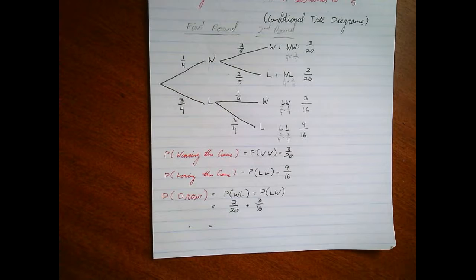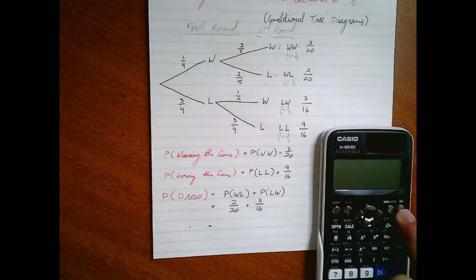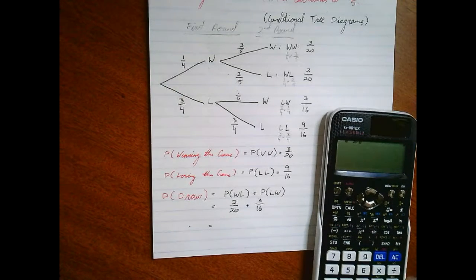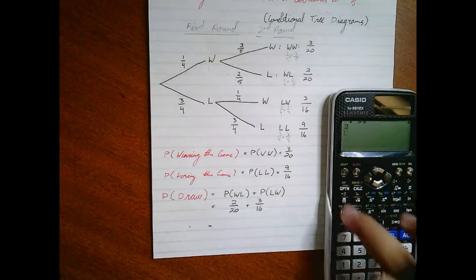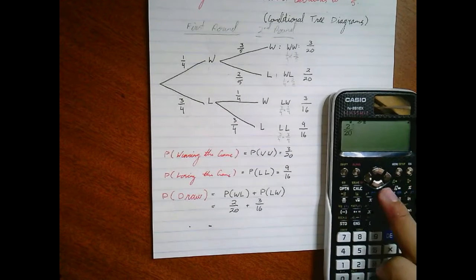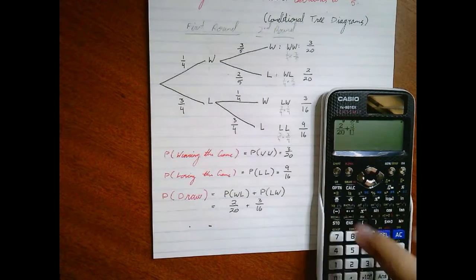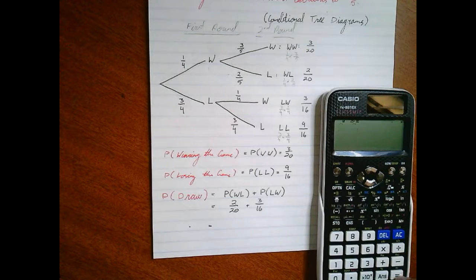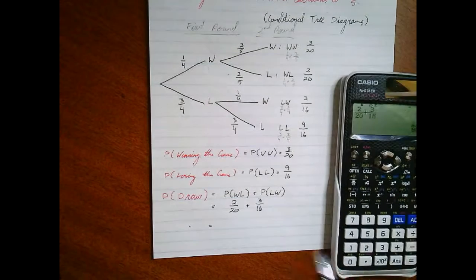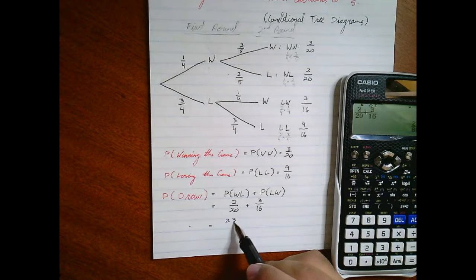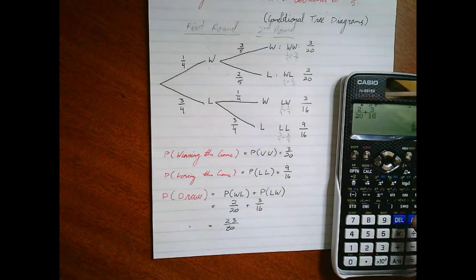Normally I would do this by hand to get the same denominator, but I'm just going to rush it. It's 2 in 20 plus 3 in 16, which is 23 in 80. A 23 in 80 chance it's going to be a draw.